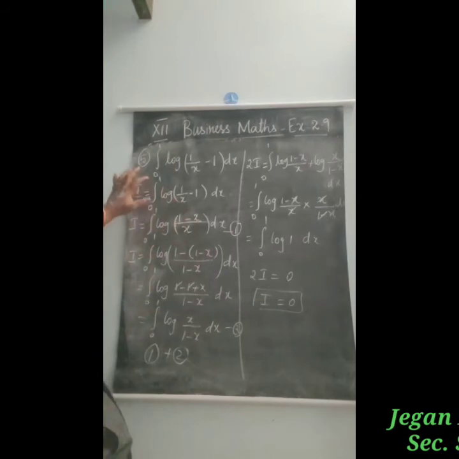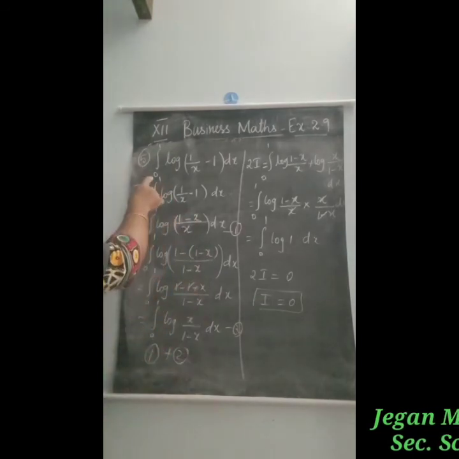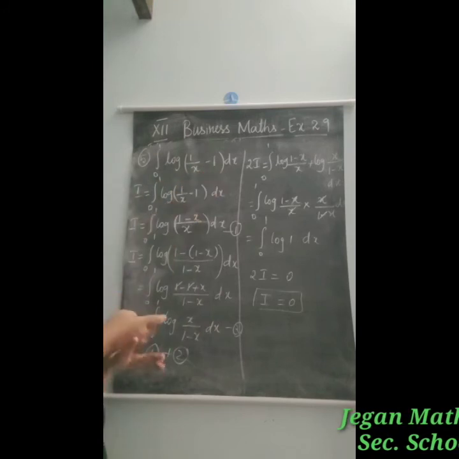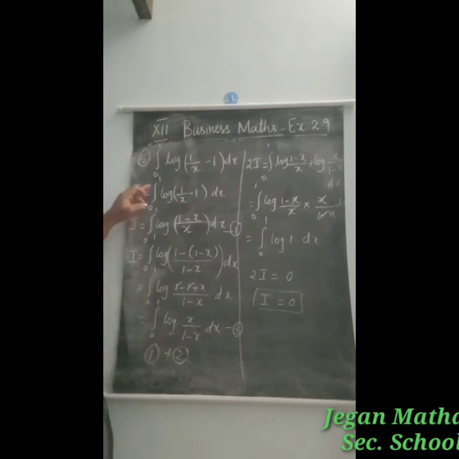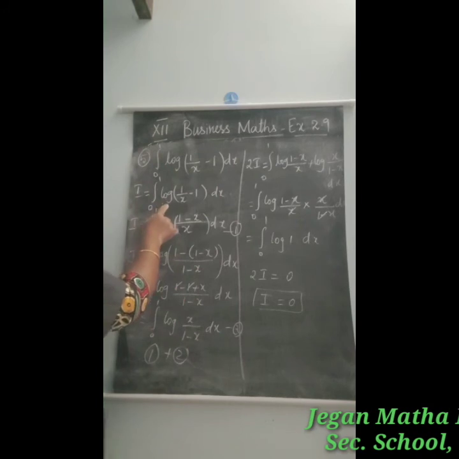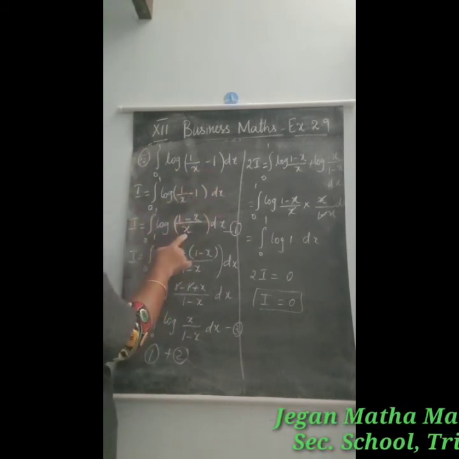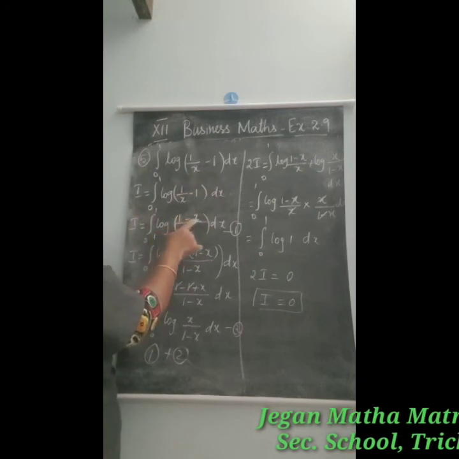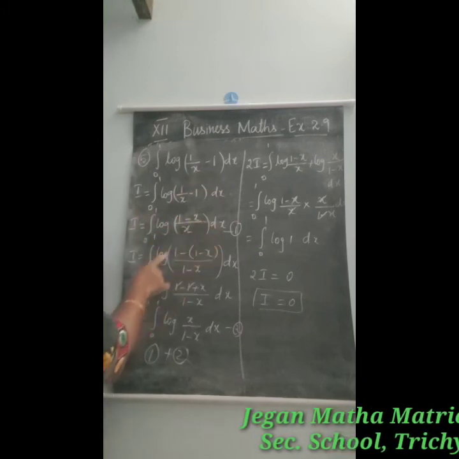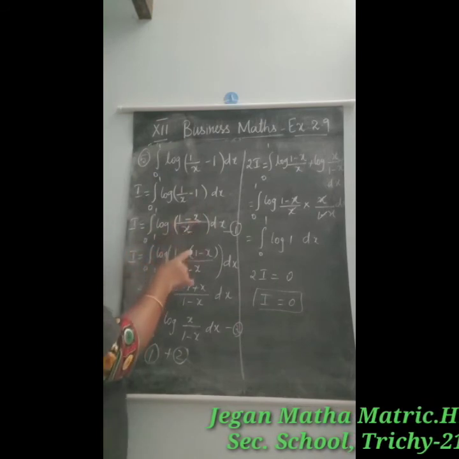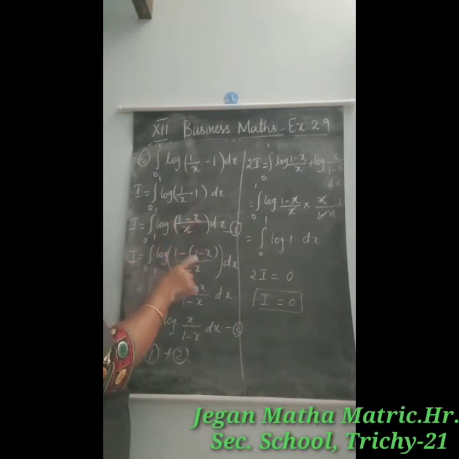Let us see the fifth question. Integral of 0 to 1 of log of (1 by x minus 1) dx. So I is equal to the integral of 0 to 1 of log of, taking the LCM, x is the LCM, (1 minus x) by x dx. By the property, instead of x you have to put a minus x.